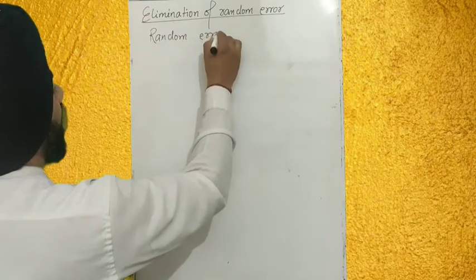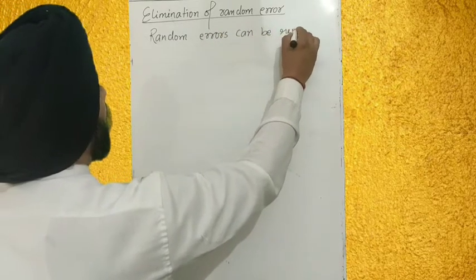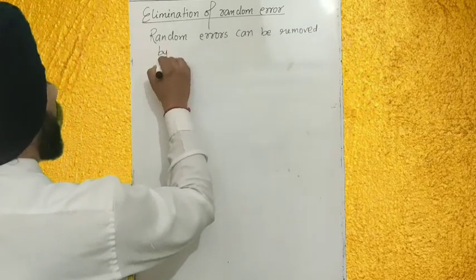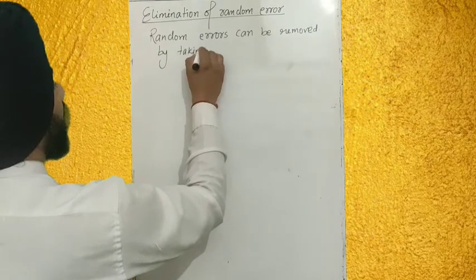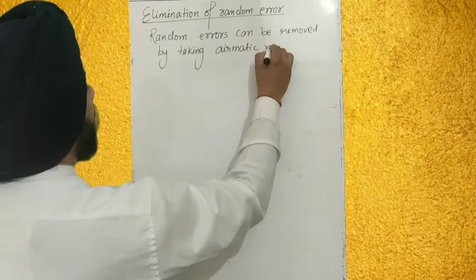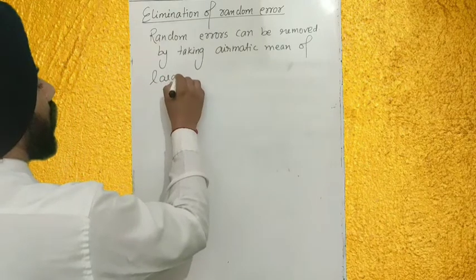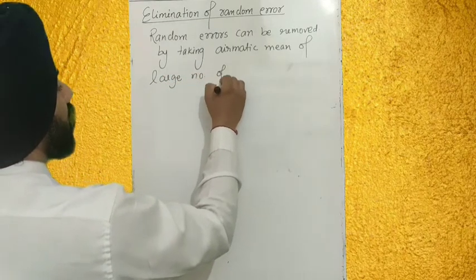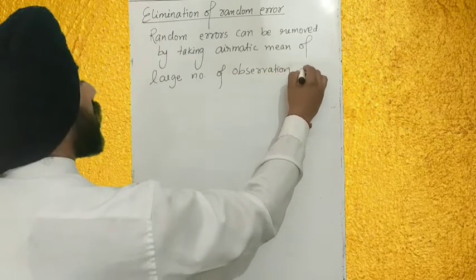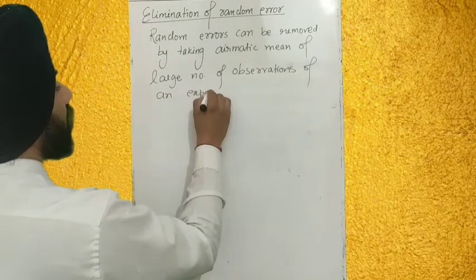Random errors can be removed by taking the arithmetic mean of a large number of readings, observations of an experiment.